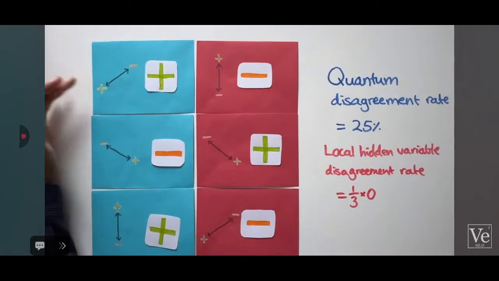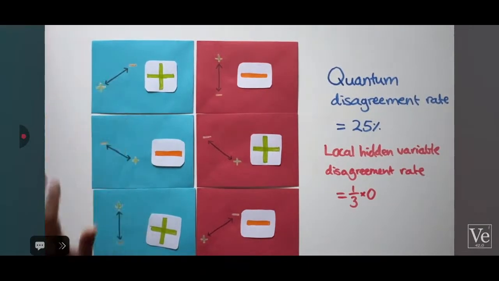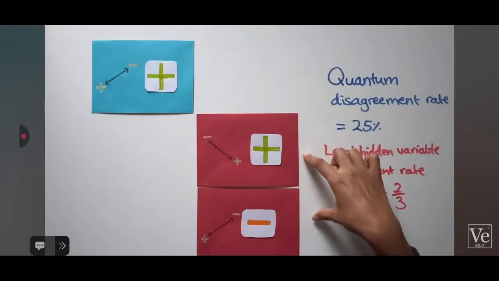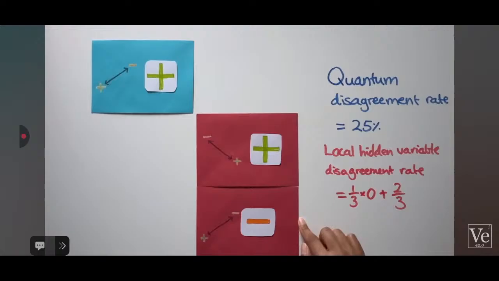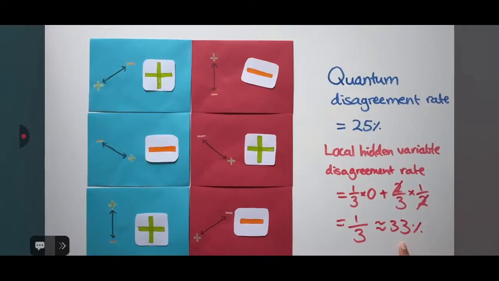But 2/3 of the time, the experimenter who's measuring the electron will happen to measure it in one of the other two axes. Let's say this one. The experimenter measuring the positron will measure in one of these two axes. But you can see that they only pick an axis that disagrees half of the time. That's 1/3, which is roughly equal to 33%, which is a different number.